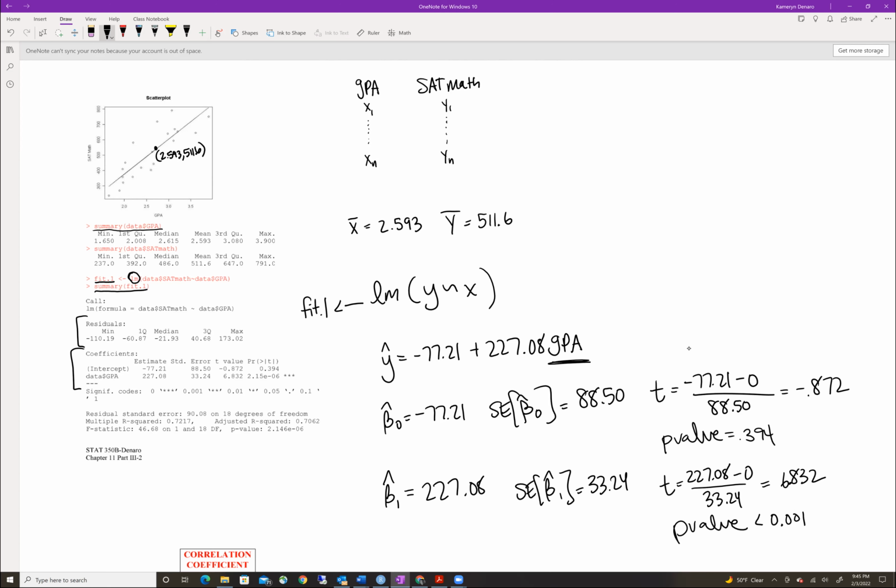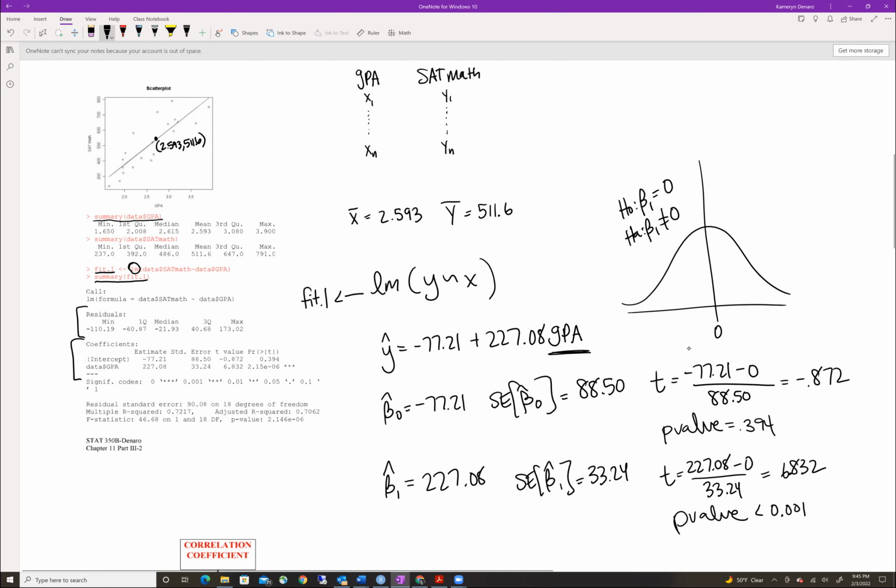All right, so if we were to draw our normal curve, we put our hypothesized value for beta 1 in the middle. If we're testing H0, beta 1 equals 0, HA, beta 1 does not equal 0, we put 0 here in the middle.